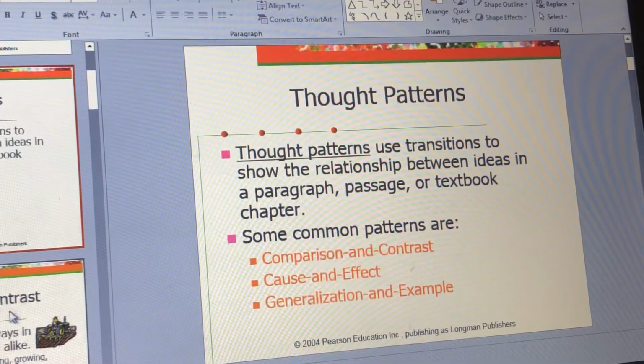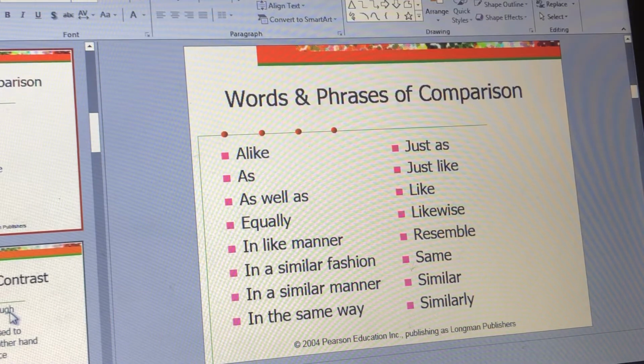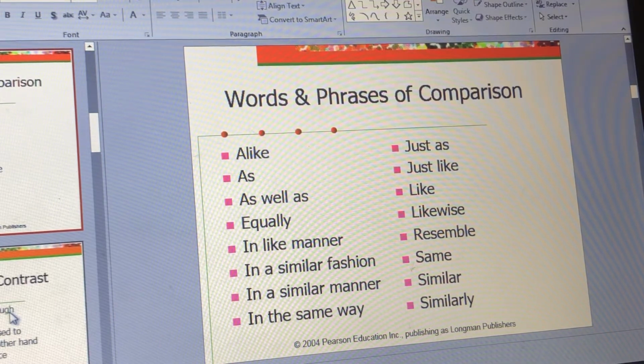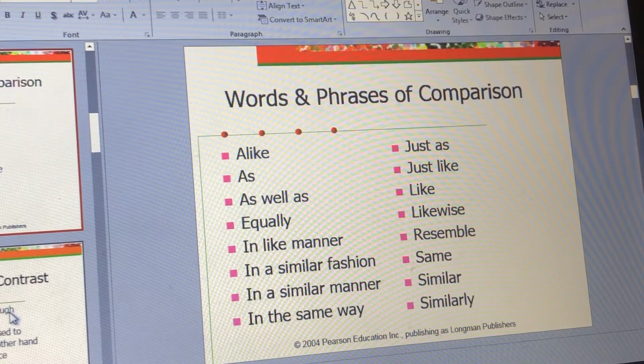All right, so a comparison shows similarities. A contrast shows differences. You know this, of course, because of the essay that we've been doing. And here are some comparison transitions. So if you haven't turned in your essay yet, and you're struggling with some transitions that you might want to use, here are some that you can use.